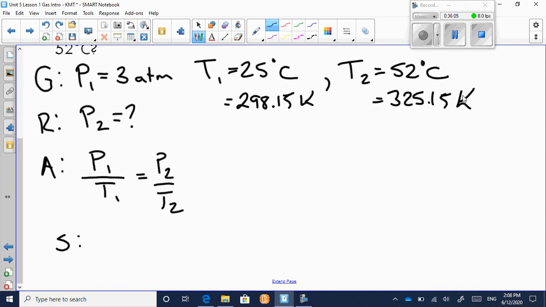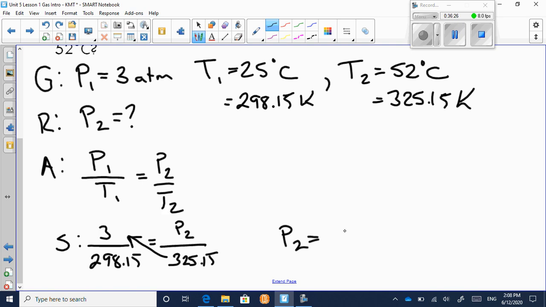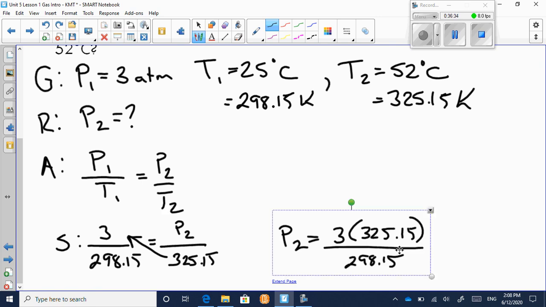Let's sub and solve. P1 is 3 atmospheres divided by 298.15 is equal to P2 over 325.15. And so I'll cross multiply that up, and I get 3 times 325.15 divided by 298.15.